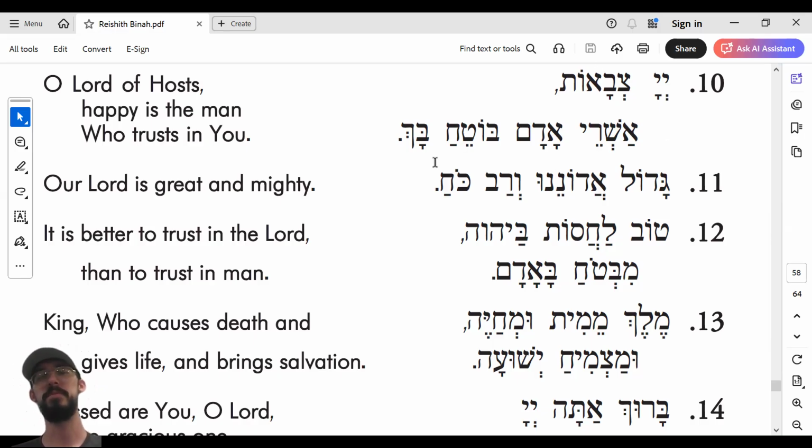Let's try that one again. Boteach. Yes. Good. Can you read it once again? Maybe try a little bit smoother reading. Adonai Tzabot.